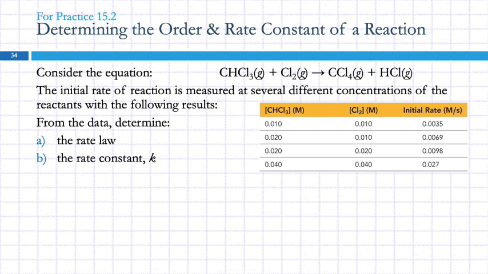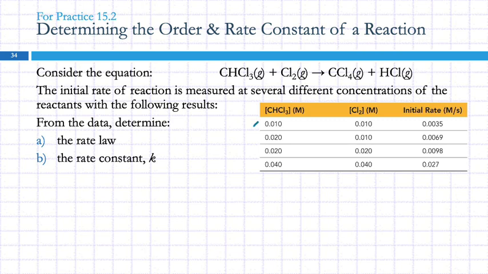So we can only look at one thing changing at a time. The person that did this experiment knew what they were doing. Because if we compare row 1 to row 2, this concentration is changing, but that one is not. By changing just one concentration, we can see how it affects the rate.